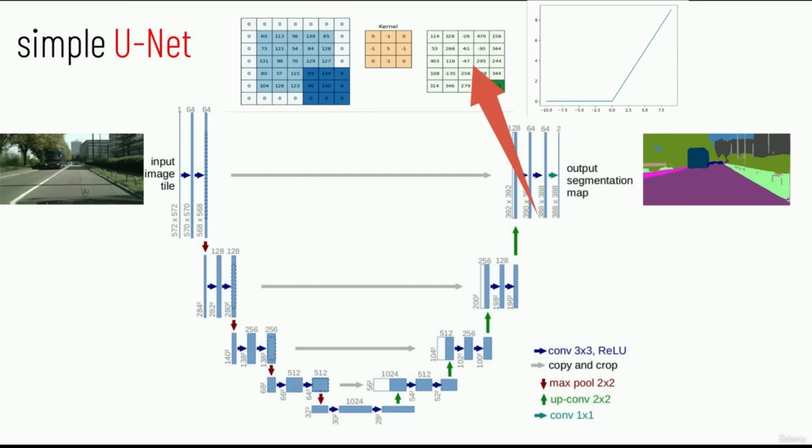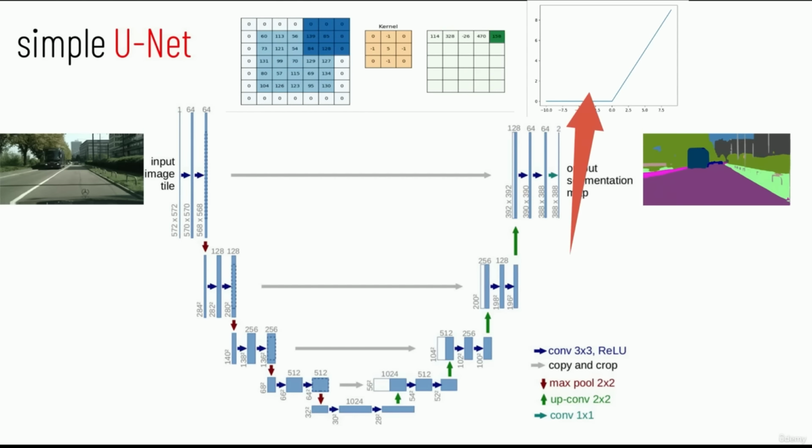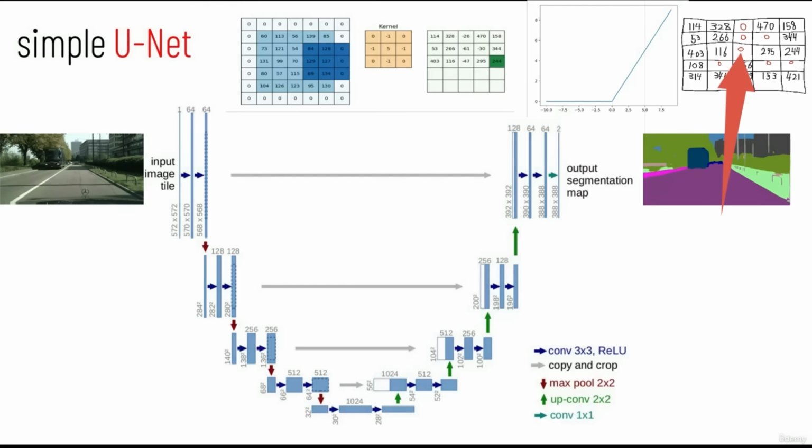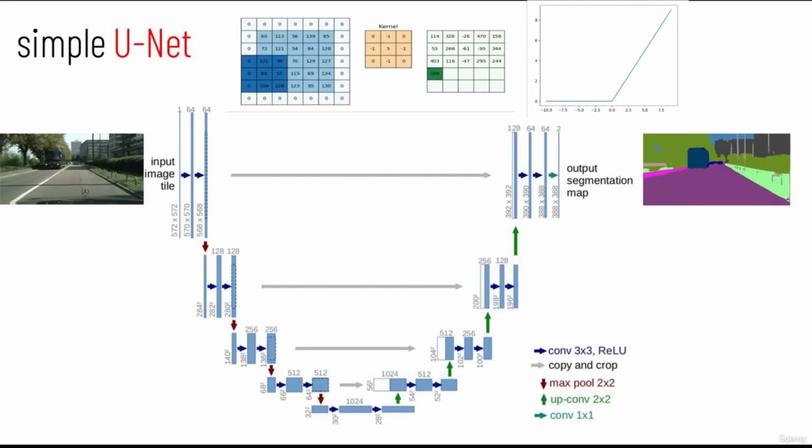We will pass our feature map through this activation function. This activation function will make anything less than 0 in our feature map equal to 0, and it will keep anything greater than 0 in our feature map as it is. As you can see here, this activation layer is very simple and doesn't have any trainable parameters.